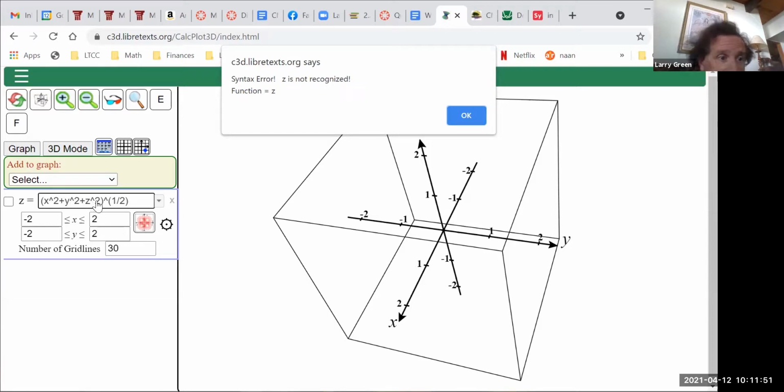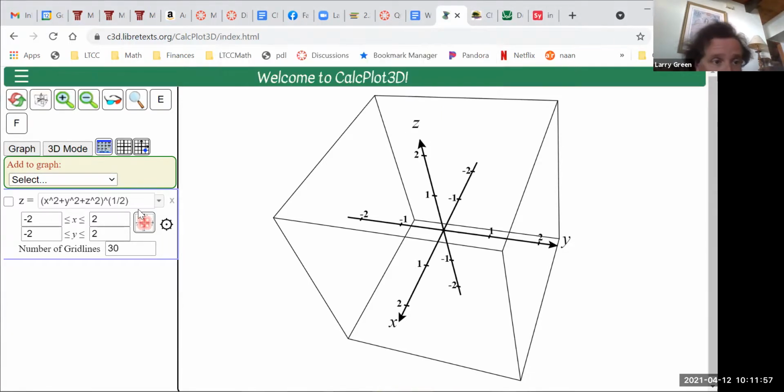If I want a sphere of radius 1, I do 1 minus x squared minus y squared, to the 1/2.